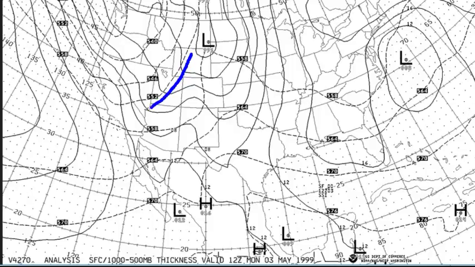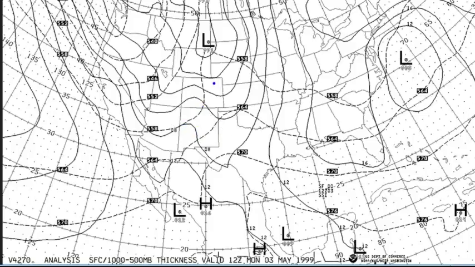I think perhaps the main Pacific front is way back there. You could probably make a case for a front being right around here, because you do have a little bit of a thickness gradient. In fact, we get a little box forming right there.